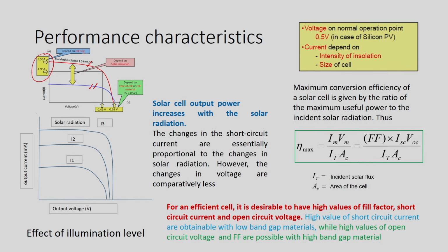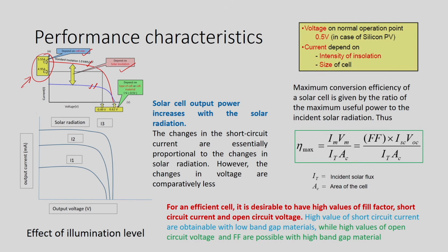Isc depends on the size of the solar cell and the solar insolation, that we should keep in mind. If we increase the size of the solar cell, then we expect higher Isc values, and if we increase the solar irradiation, then the Isc value can be increased.